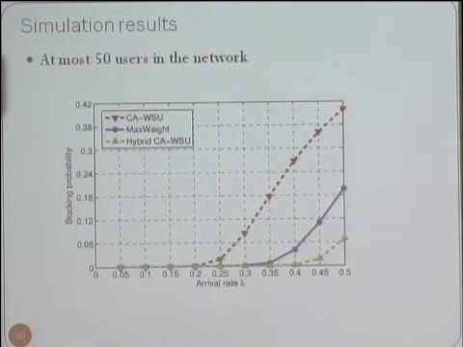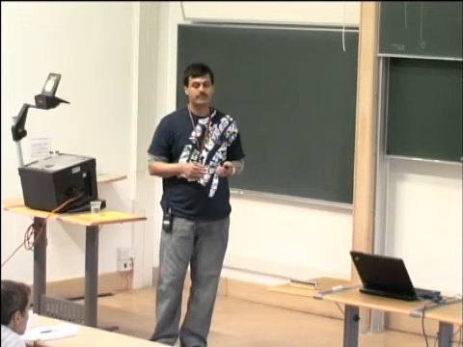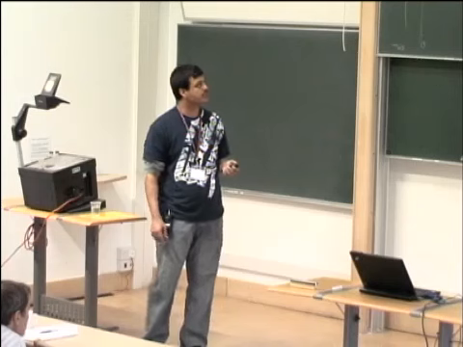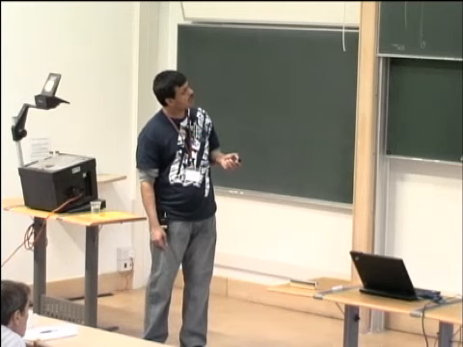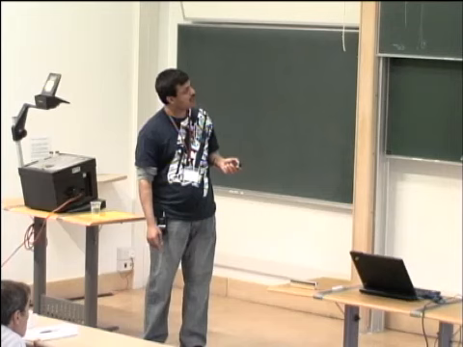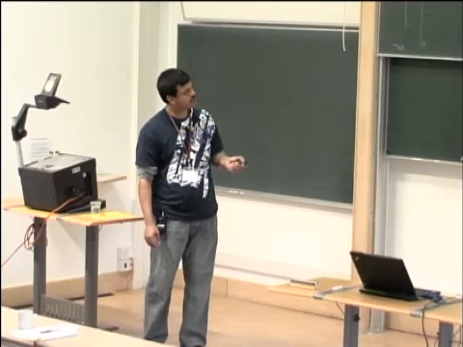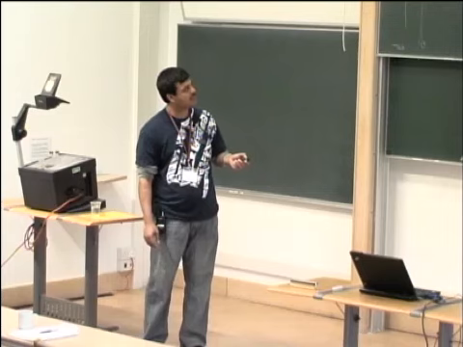But in real networks, the number of flows in a cell is actually limited. You assign codes to the users, or you assign various system resources, and so the number of flows in the network is bounded. And in this particular example, the max weight algorithm is much better than our algorithm in terms of... this is one example. Of course, you can have all kinds of other examples.